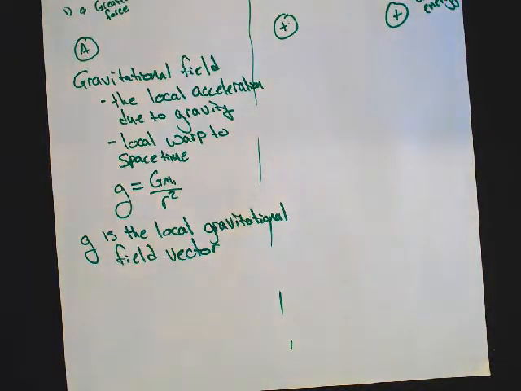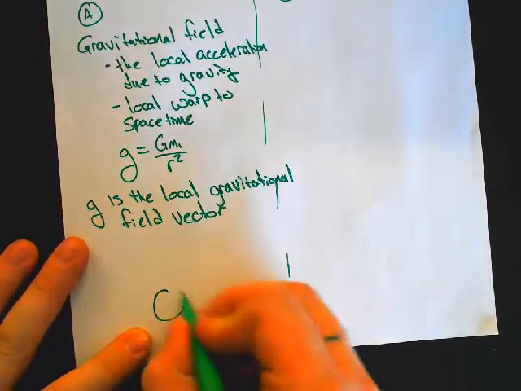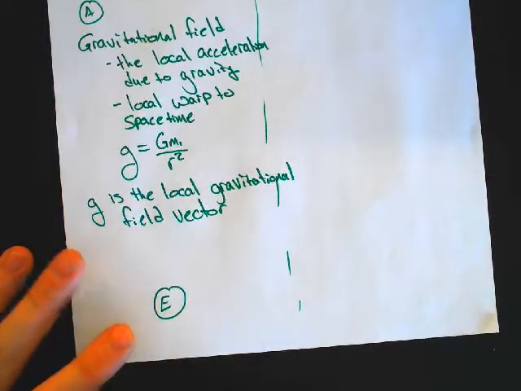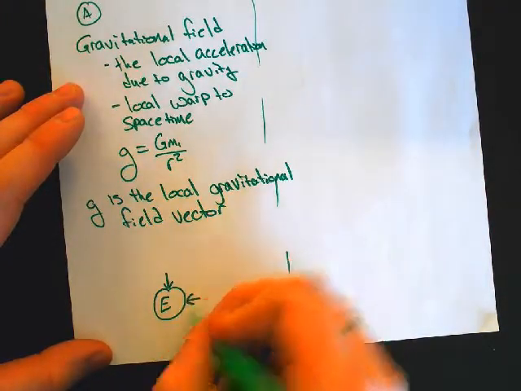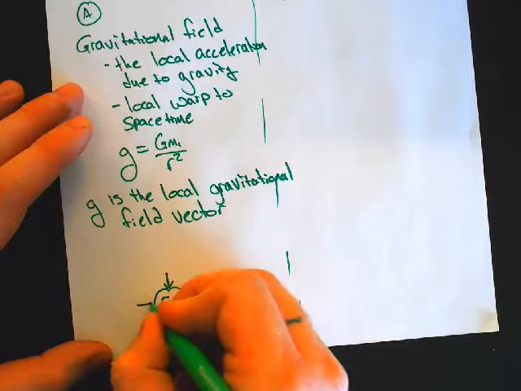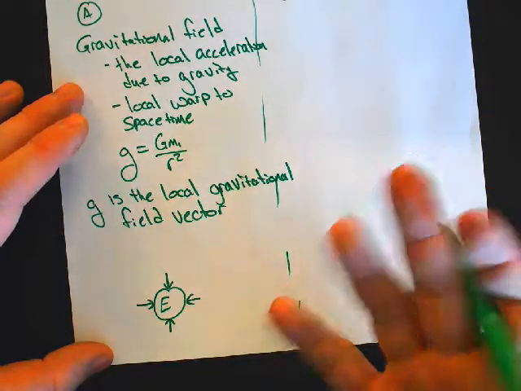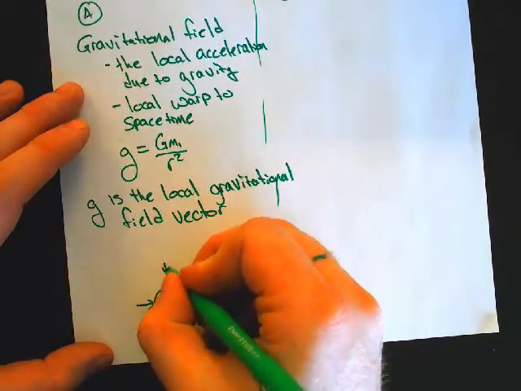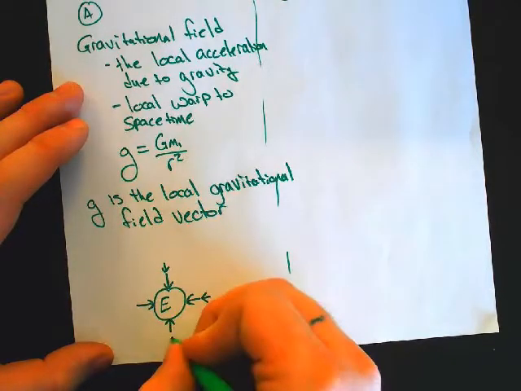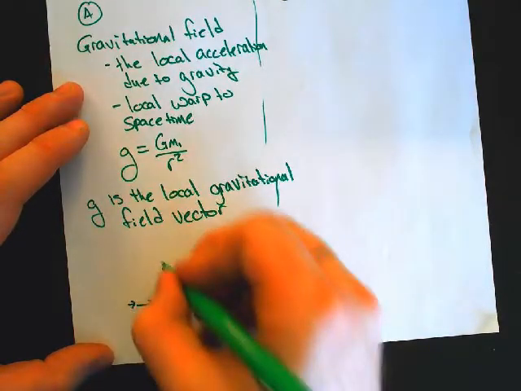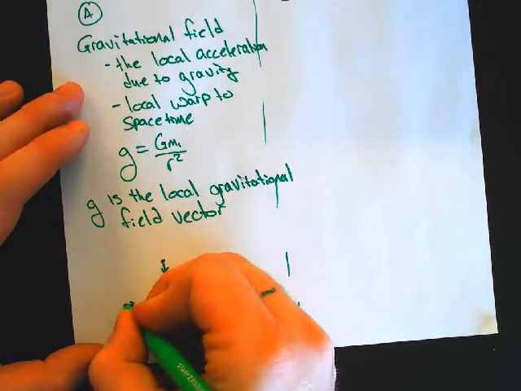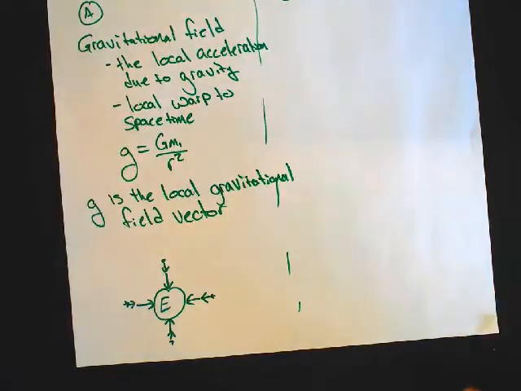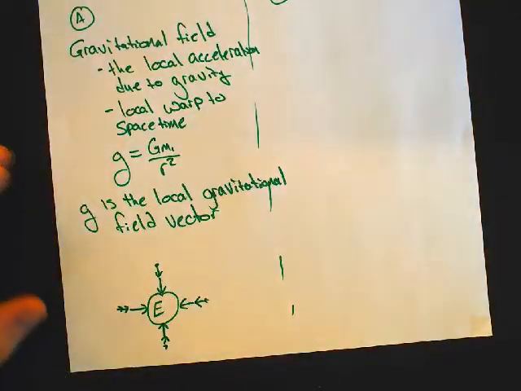Okay? So if I wanted to draw the gravitational field around an object such as, say, Earth, E for Earth, no longer A for asteroid, I would draw arrows pointing in towards Earth, showing that it's got a certain amount of gravitational field. And as I go further out from Earth, those arrows would get smaller, showing that as you go further out from Earth, what happens to the acceleration due to gravity? Decreases.